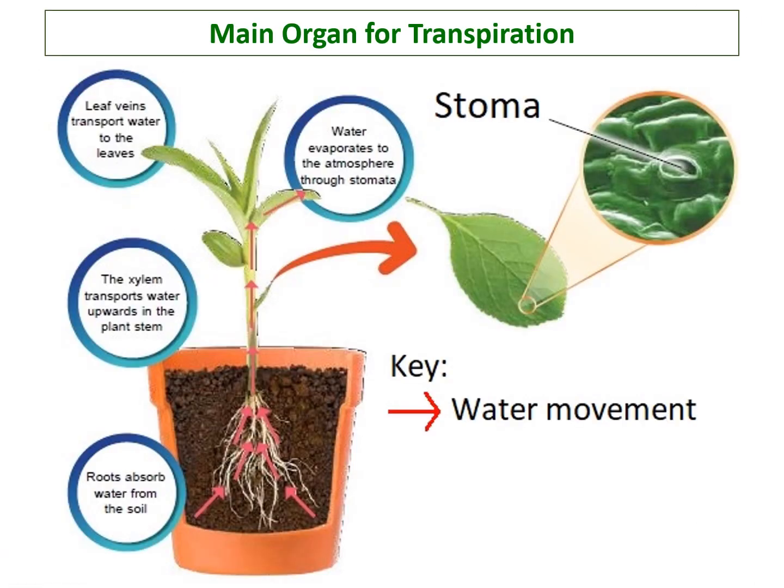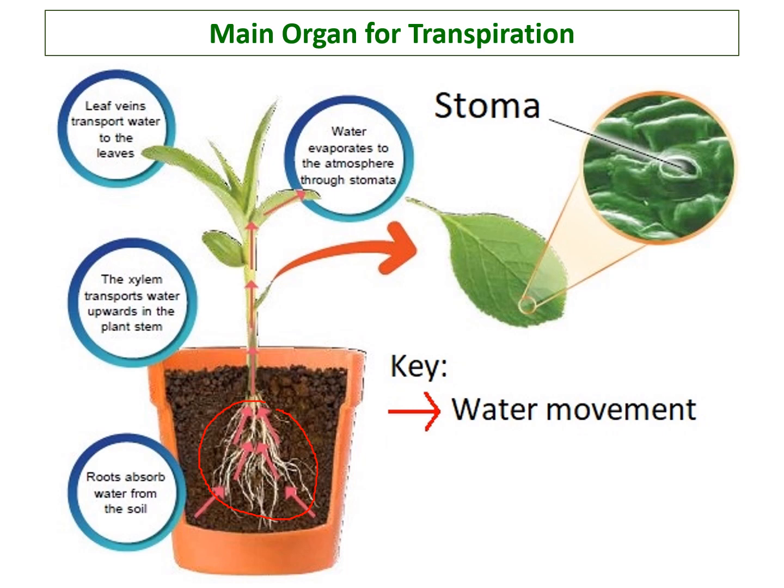Look at these diagrams. These diagrams show the path of water movements in plants. The red arrow indicates the water movements. It starts from the soil here. Roots absorb water and mineral salt from the soil.